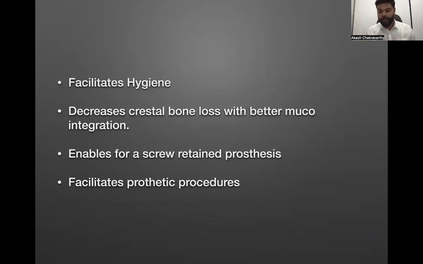So quick points about why multi-unit abutment is important. It facilitates hygiene, decreases crestal bone loss with better mucosal integration. Because you have a multi-unit abutment which you're interacting with when you're doing the prostheses, you're not interacting directly with the implant. If you're interacting directly with the implant at the implant level, you're disturbing the gingiva around the implants each time you want to engage with the implant.